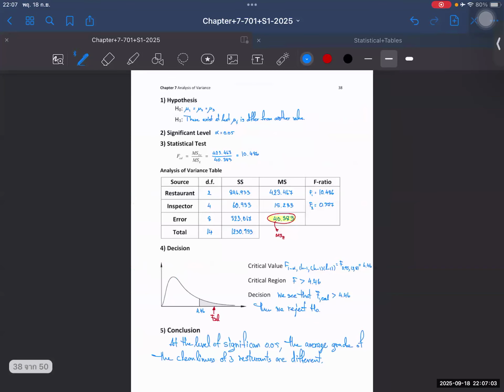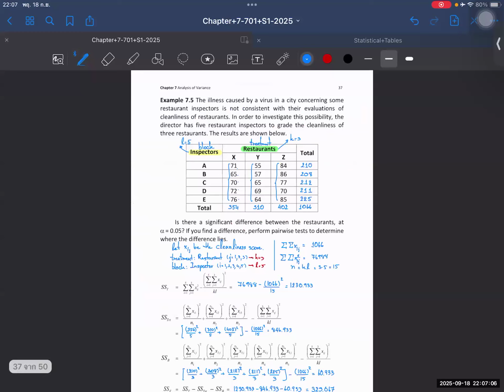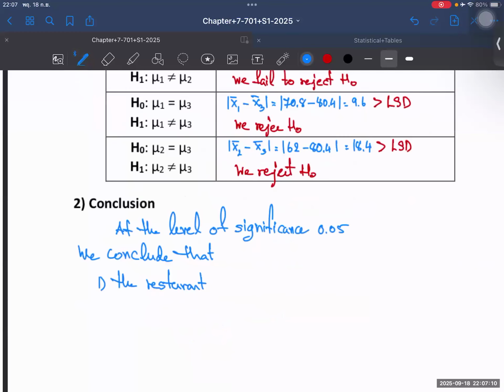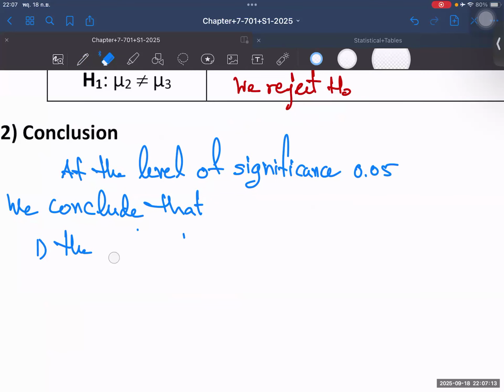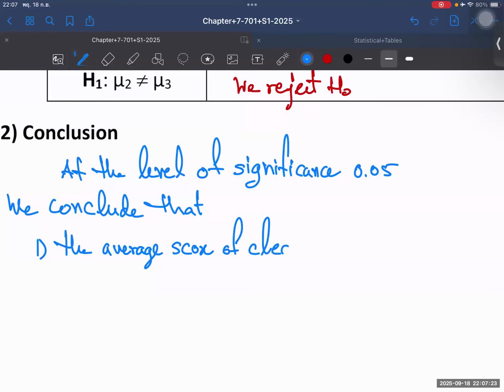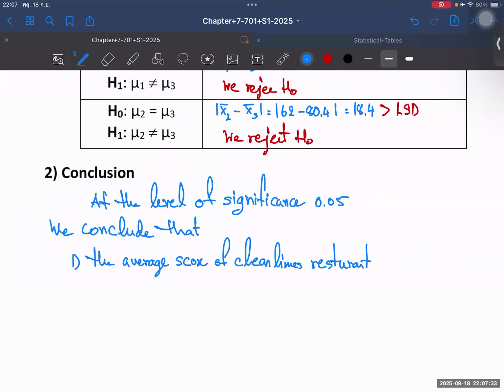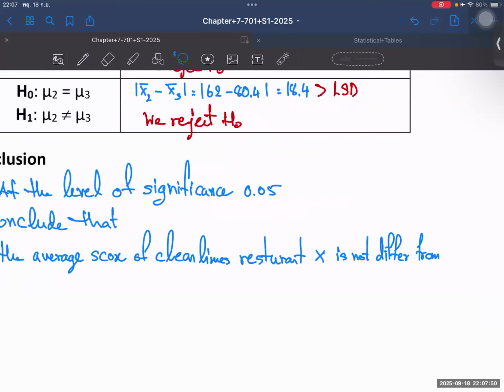Sorry, we see the cleanliness. Okay, X, Y, Z. The average score of cleanliness of restaurant X does not differ from Y. Okay, from Y.